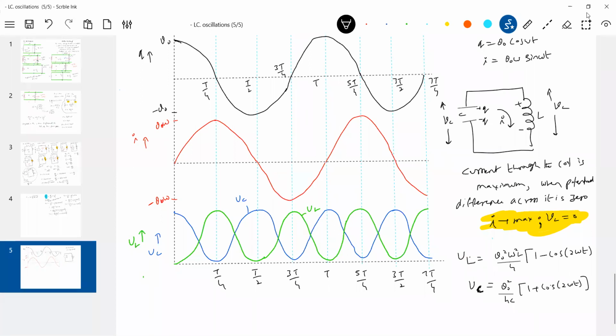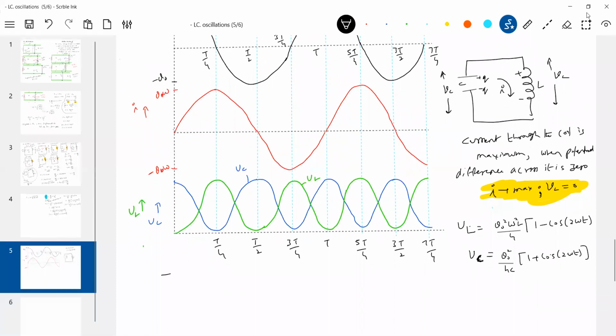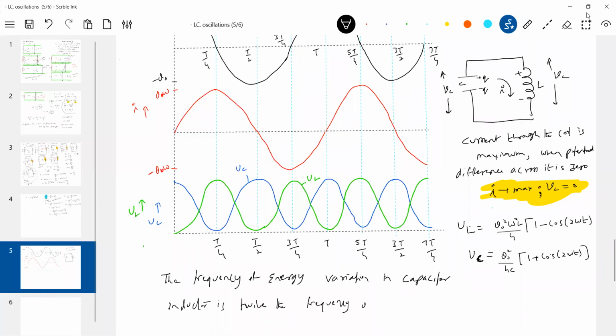Similar in SHM, this one. So the statement is there. The frequency of energy variation in capacitor and inductor is twice the frequency of charge variation.